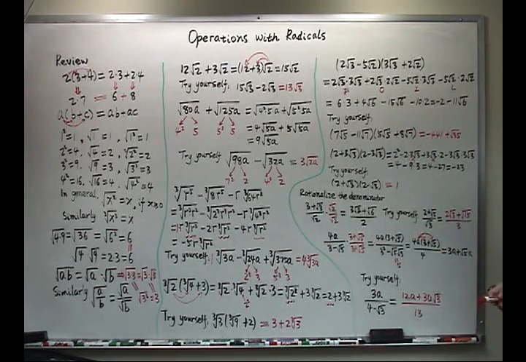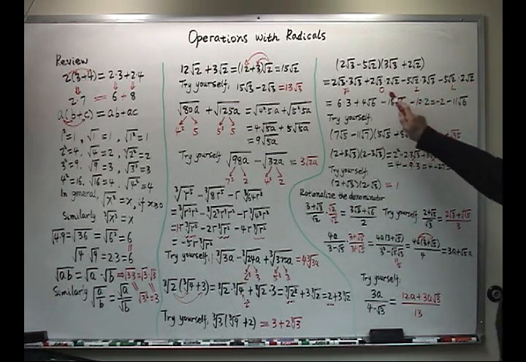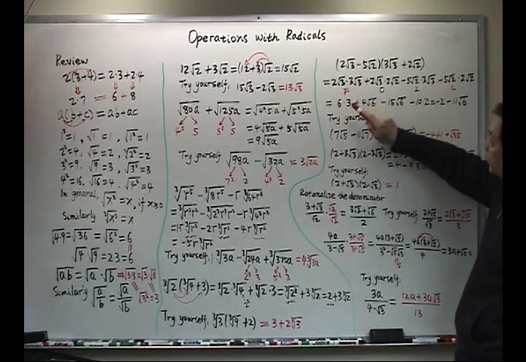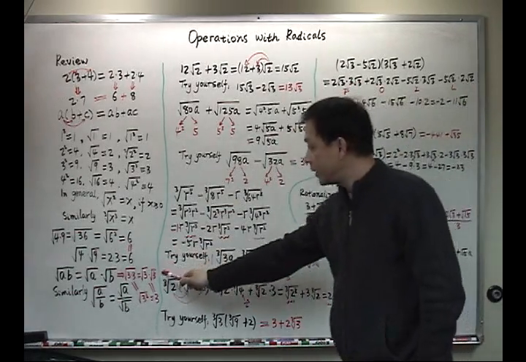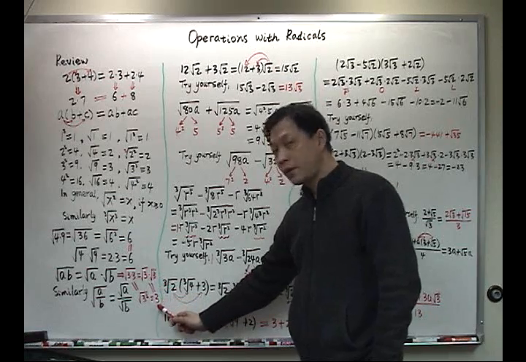Okay? Now, 5 times 2 is 10. Radical 2 times radical 2 is 2. It's like radical 3 times radical 3 is 3.